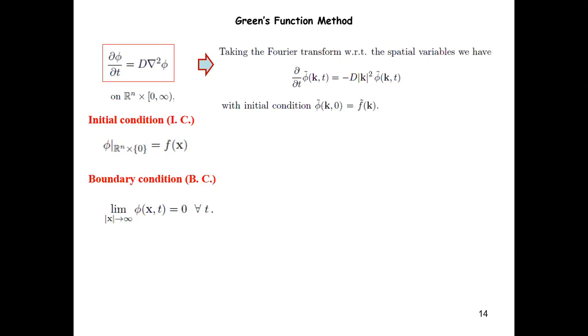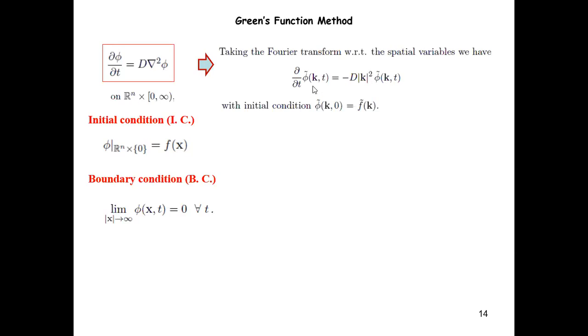Because the spatial coordinates are much more complex, involving a gradient and a second order operator, it's very natural that I get rid of the spatial differentiation and keep the time differentiation, which is very easy to solve. That's why I take the Fourier transform with respect to the spatial coordinates, and then I convert this second order gradient operator into a simple second order algebraic operator.